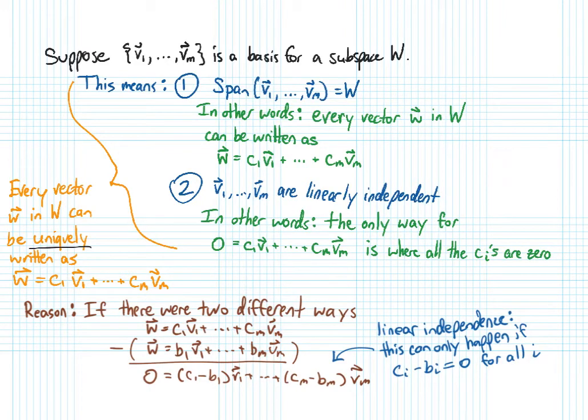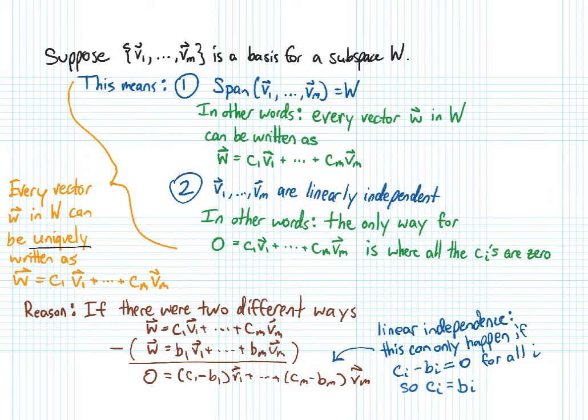But then linear independence says that this can only happen if the coefficients are all equal to 0. And so in this case, the coefficients are ci minus bi. And if that's 0, that means that ci is equal to bi, which means that those two different ways of writing w were actually the same way all along.